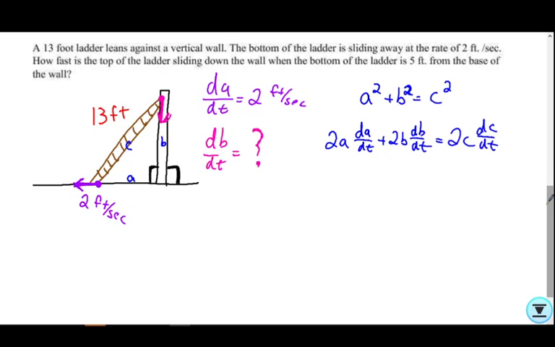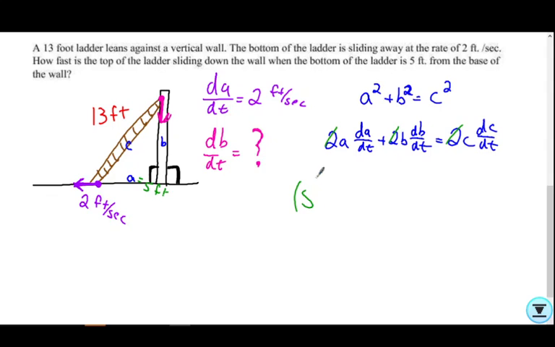Okay? Now, let's start plugging in what we know. Well, first thing I know is I've got 2's all across the board, so I divide both sides by 2. We can get rid of all those 2's and not have to deal with them. Okay? Do I know what A is? Well, yeah, they told me that we're looking for this specifically when this side is 5 feet.